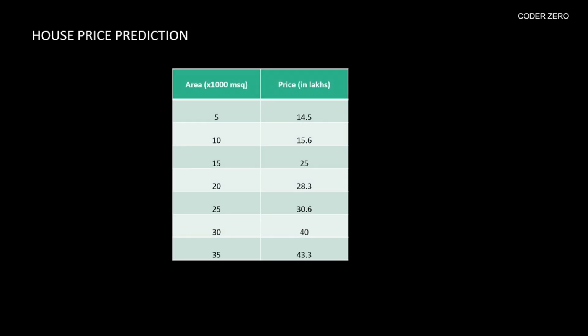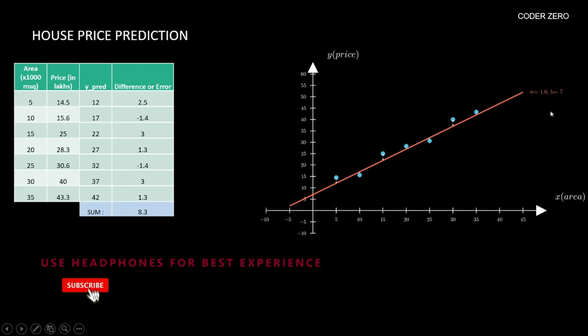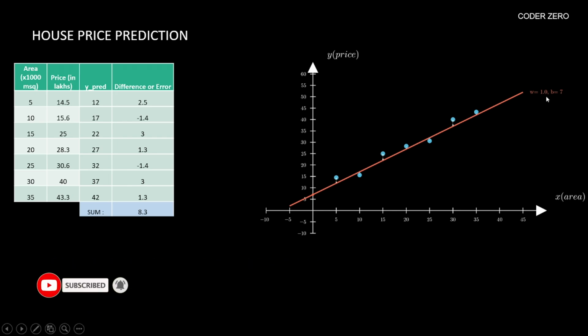Remember, this was our data set. Now let's take a line. This line was created by using w equal to 1 and b equal to 7. Now you can see we can calculate the difference between original data points and the line we have here.